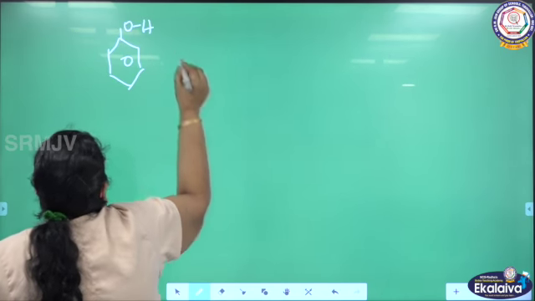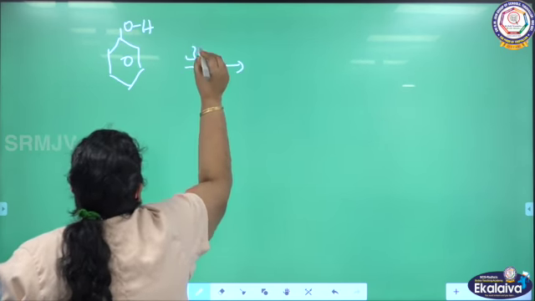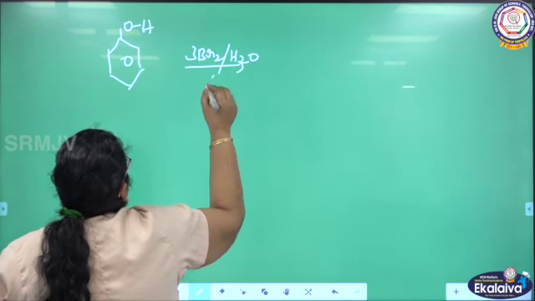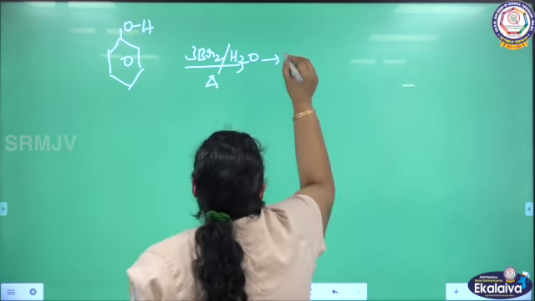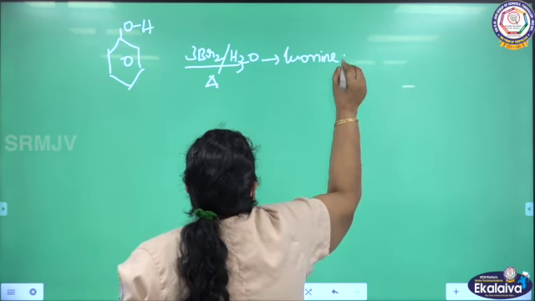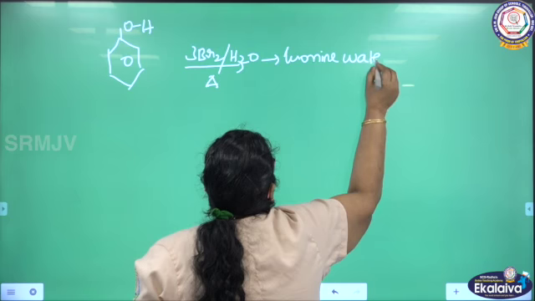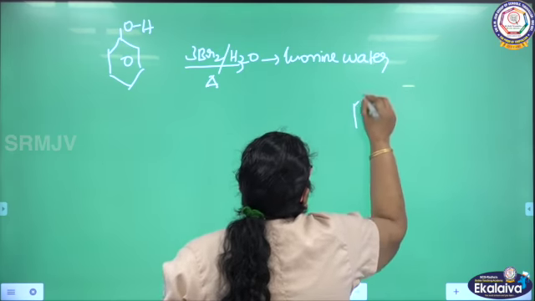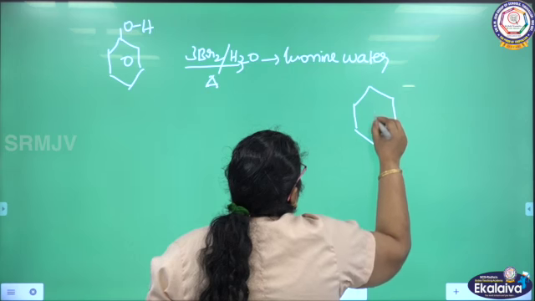So phenol, when it is treated with bromine water, so this is bromine water. When phenol undergoes bromination with bromine water, what is the product we are getting here?